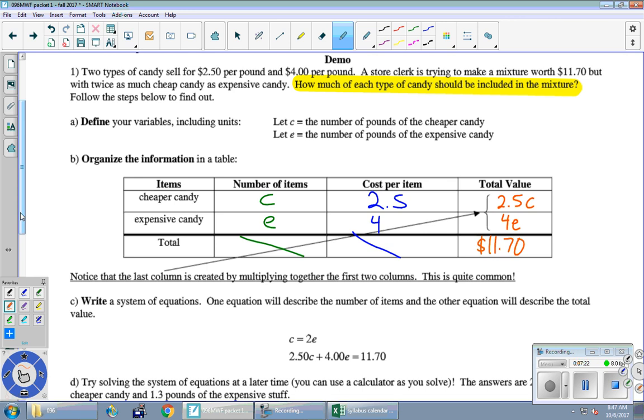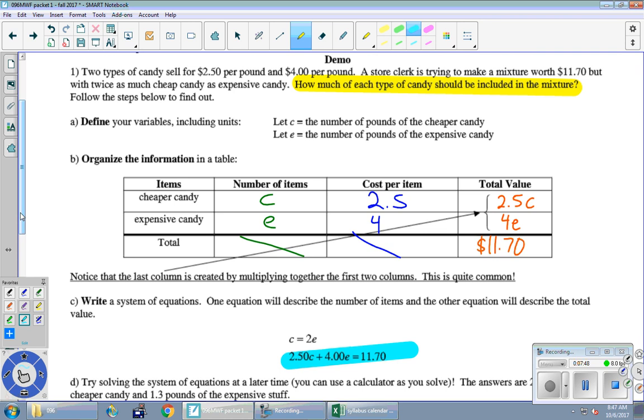But Kara's got it exactly right. We know that the total value is just the 2.5C plus the 4E, whatever that works out to be. And we also know the total value is $11.70. And so putting those 2 things together in one equation gives us this guy right here. Okay? That is one of our equations: 2.5C plus 4E equals 11.70. Yeah?